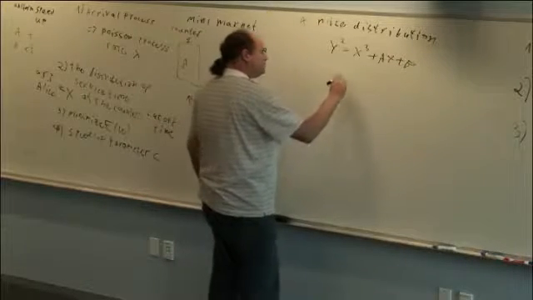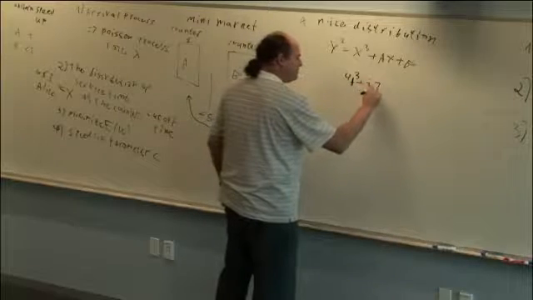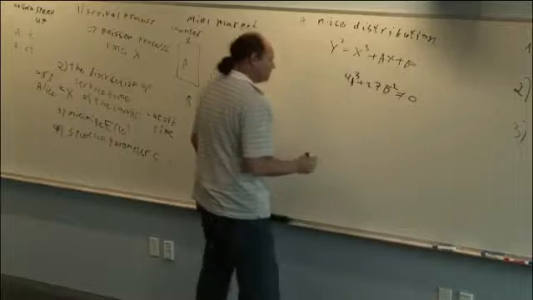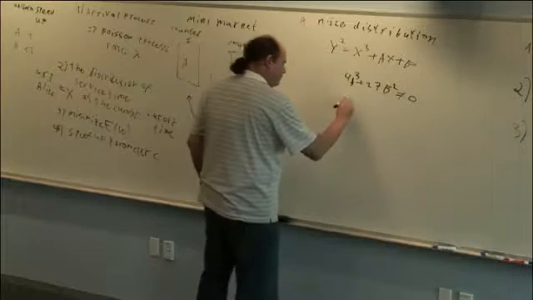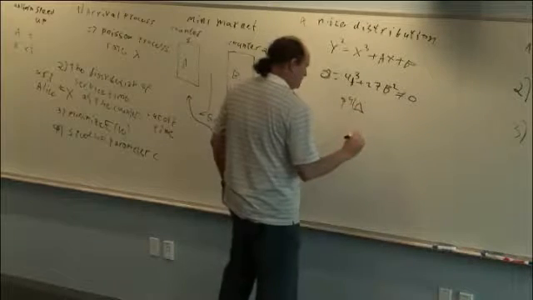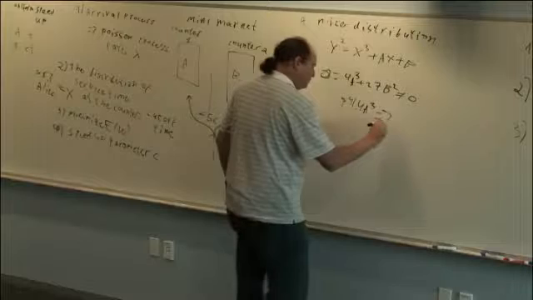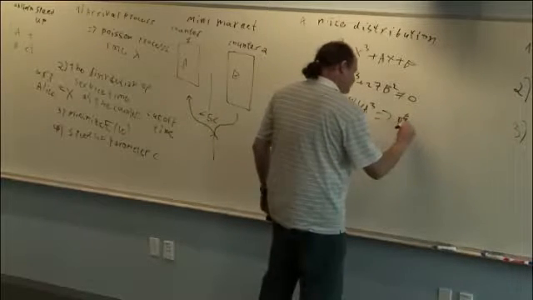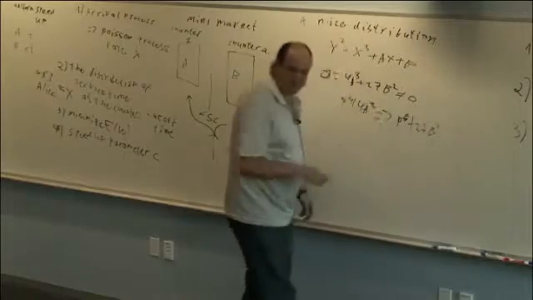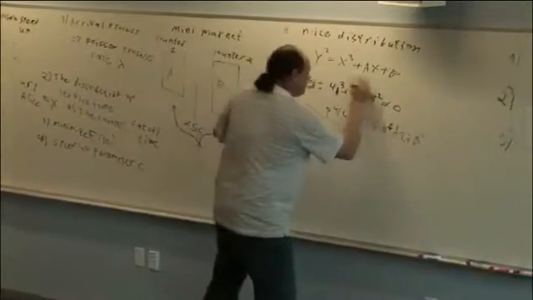Now I'm going to make some funny demands: that 4a cubed plus 27b squared is not 0, and if p to the fourth divides 4a cubed, then p to the sixth doesn't divide 27b squared. Never mind, forget about this. Just simply ignore.